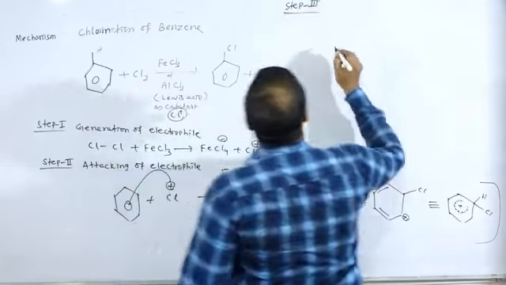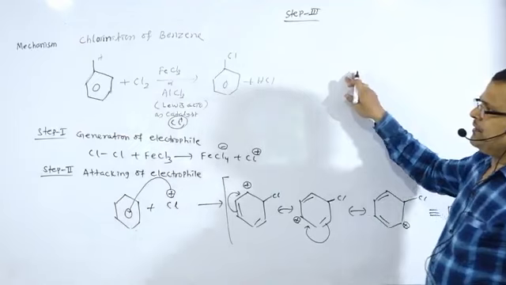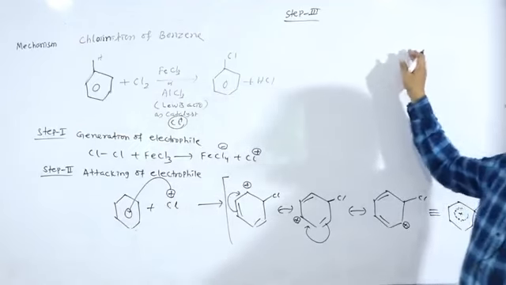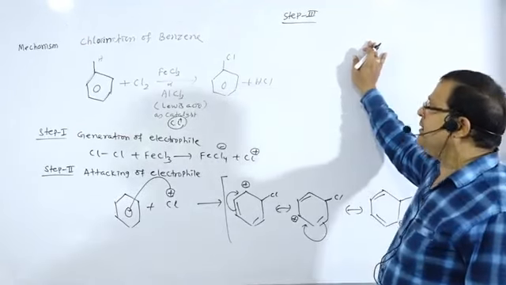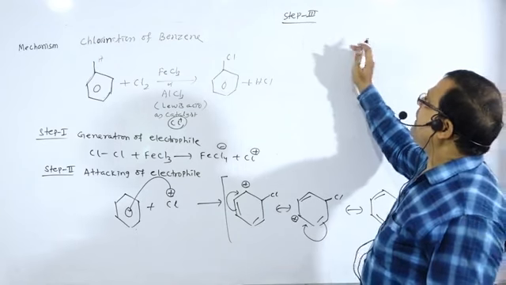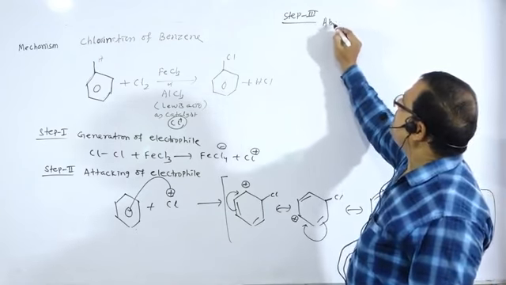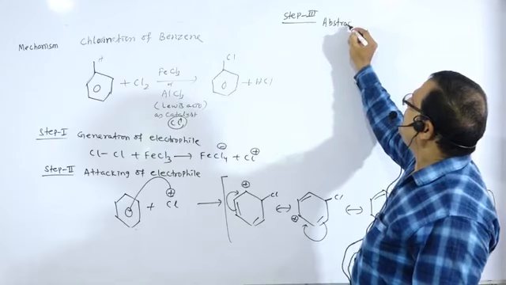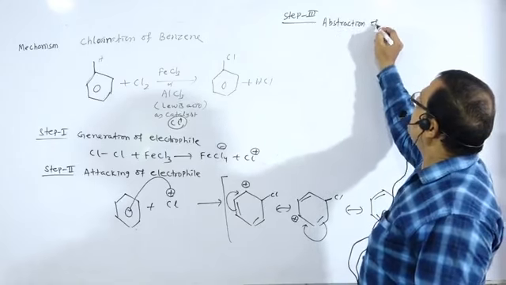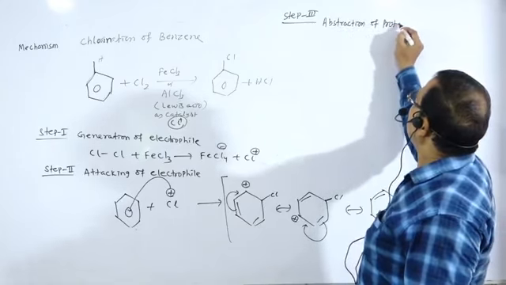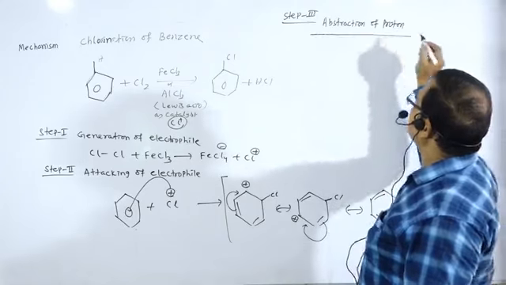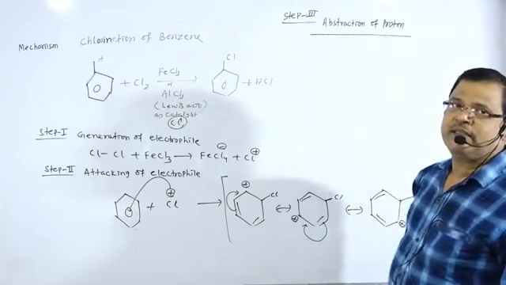First step, generation of electrophile. Second step, attacking of electrophile. Third step, abstraction of proton from that species.